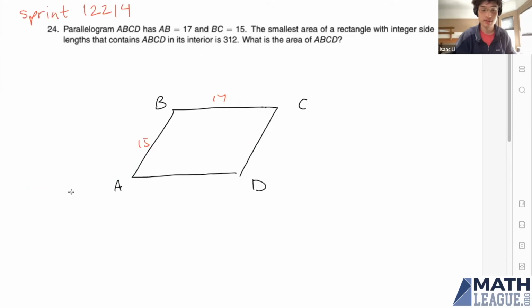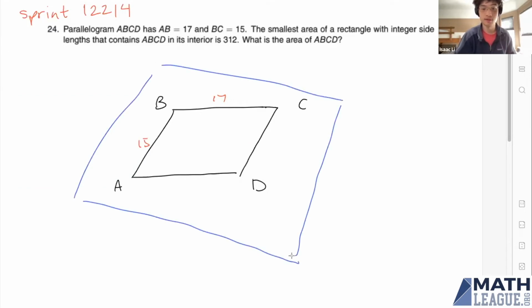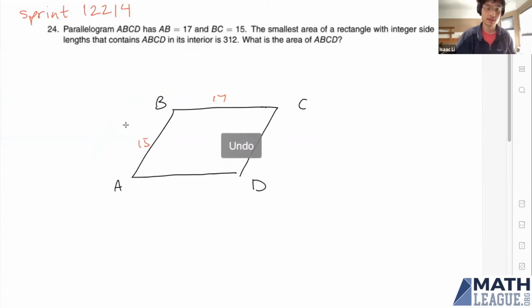Well, if we just take any old rectangle, we can't really deduce too much about it. But let's think about what a rectangle containing this parallelogram would be. In order to make the rectangle as small as possible, we'd want the rectangle to touch the parallelogram.